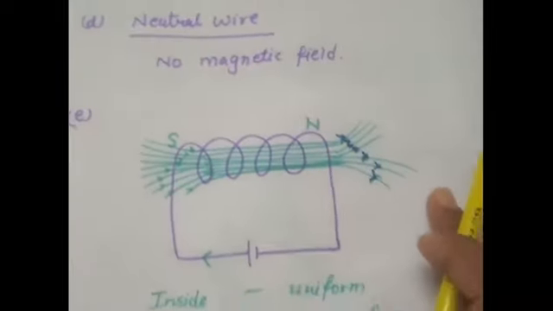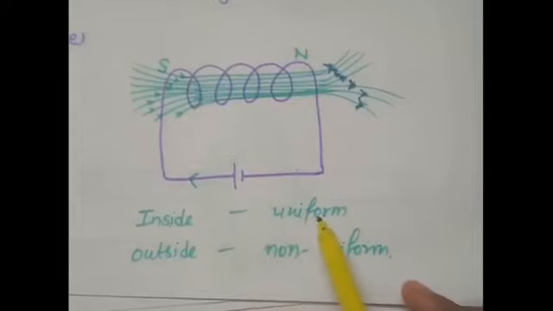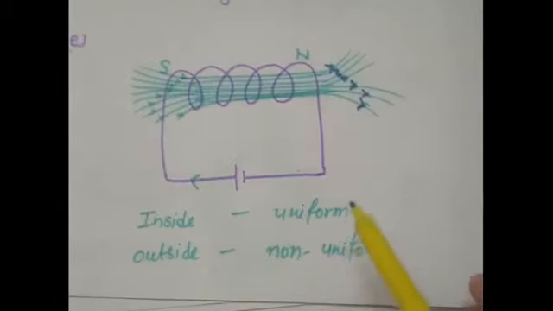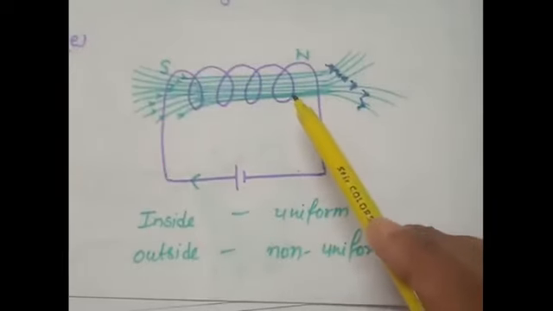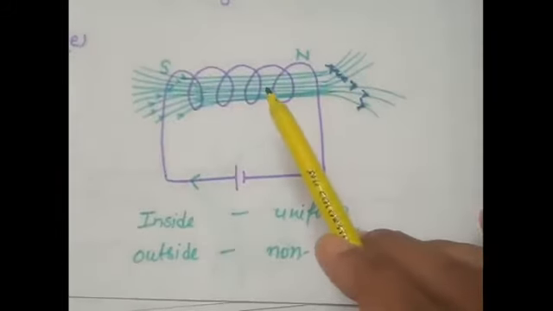That is why we can say that inside a solenoid a uniform magnetic field is present. But outside the solenoid there is a non-uniform magnetic field, which is weaker as compared to the magnetic field inside the solenoid, which is stronger.